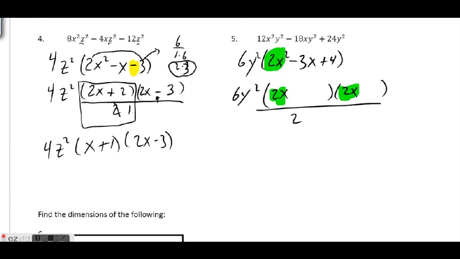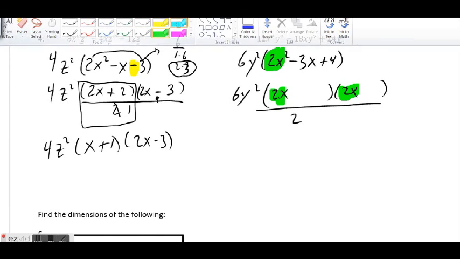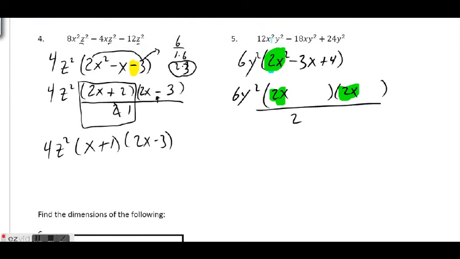And then you're going to divide by whatever that leading coefficient is. So I'm dividing by the 2. In this case, the plus there tells me the signs are exactly the same. So I have to move to the first sign. Tells me they're both going to be negative.